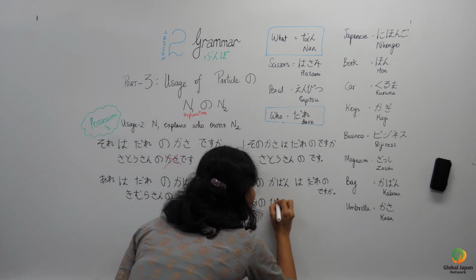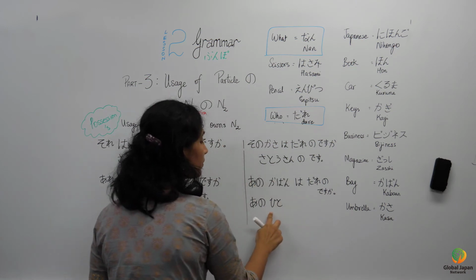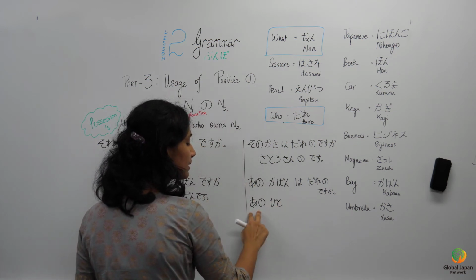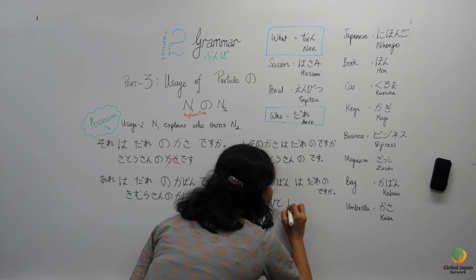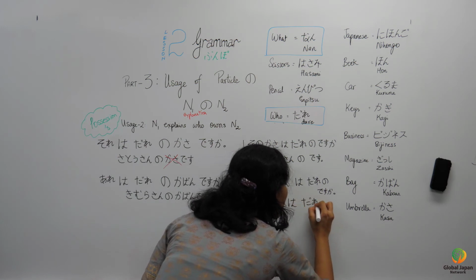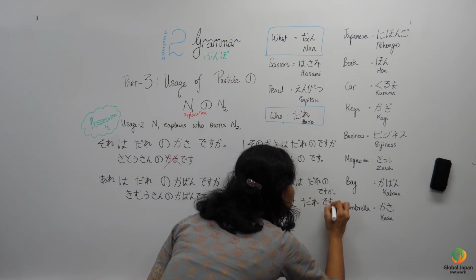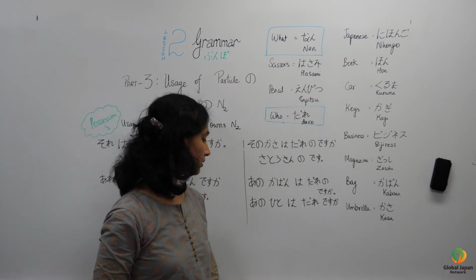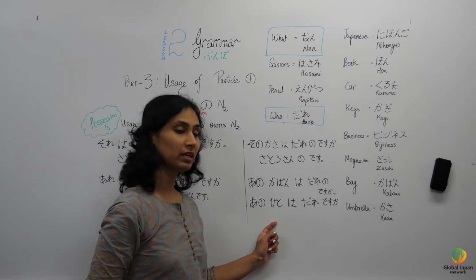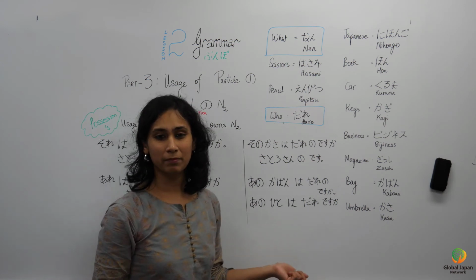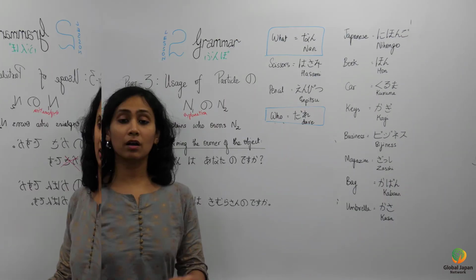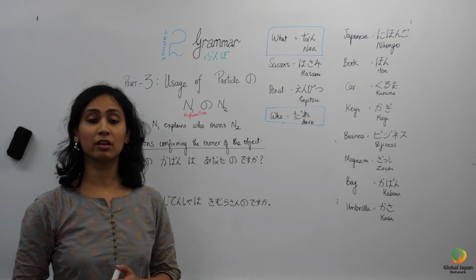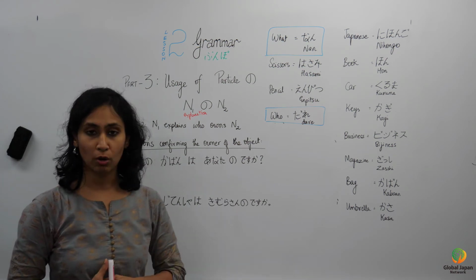Ano hito, hito is the person, so immediately after this I am placing the noun. Ano hito wa dare desu ka? Ano hito wa dare desu ka? The answer would be whatever person's name. Raji-san desu.